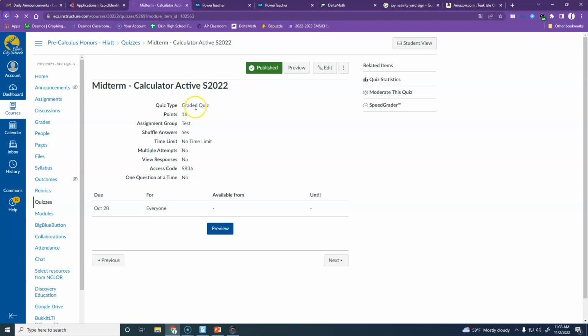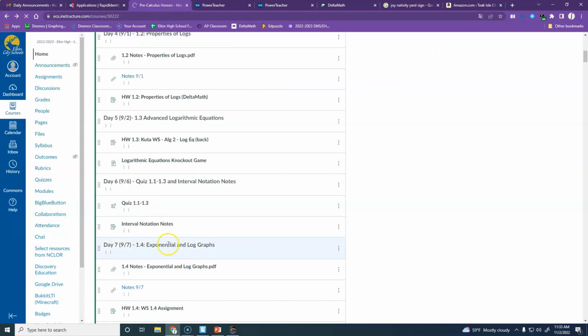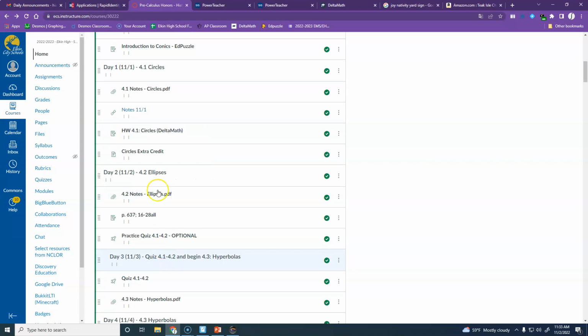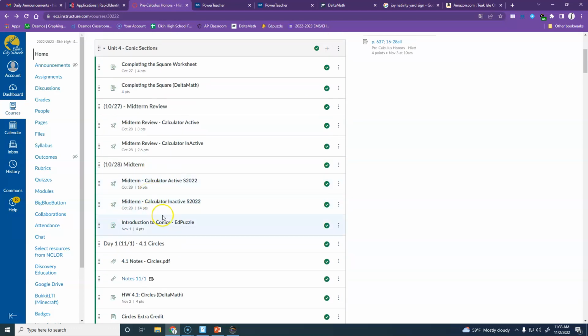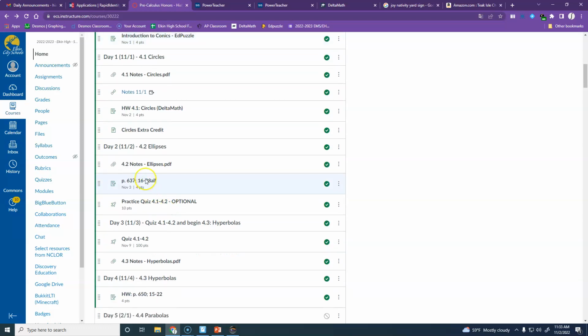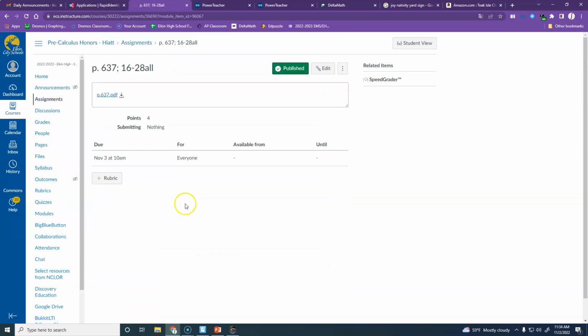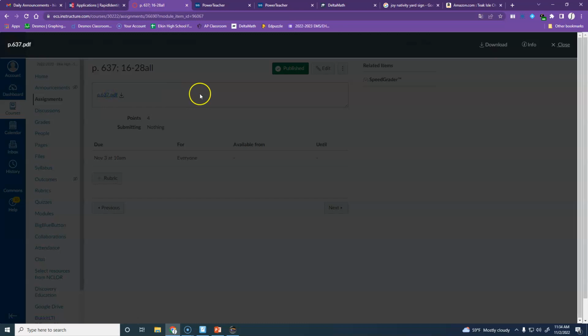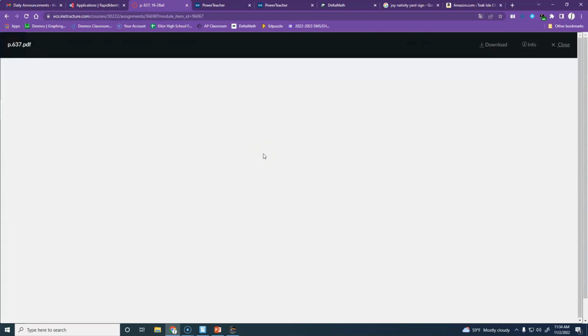Oh, wrong thing. Sorry. It is a textbook page. Gracious me, it's not showing up for me. Okay. It's on Canvas. 16 through 28. I'm trying to see if it asks you to graph.